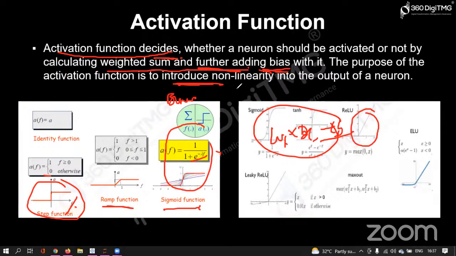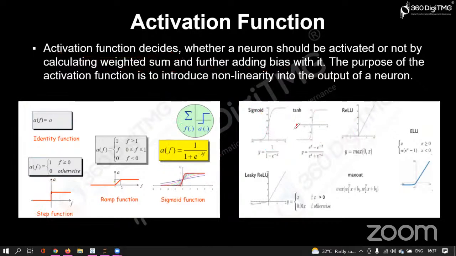See, whenever you have non-linearity, say you have just two classes. There is one class that is red, and you have one more class. When you have something like that, you can simply use one linear line and do the classification.